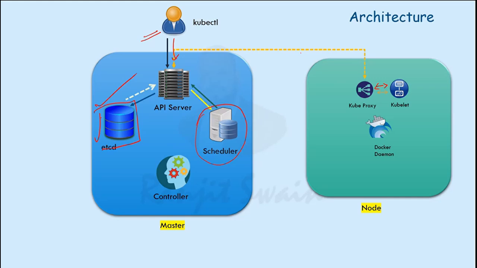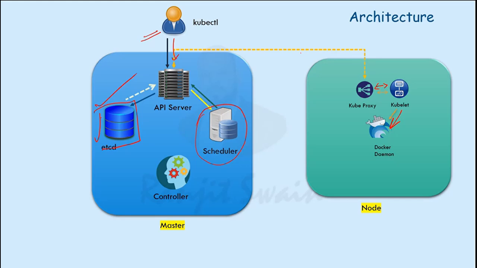We need one agent installed on the node so that it can connect to the master, right? So the kubelet as the agent gets the input from the API server on the master machine, right? Then the kubelet will trigger the Docker daemon.